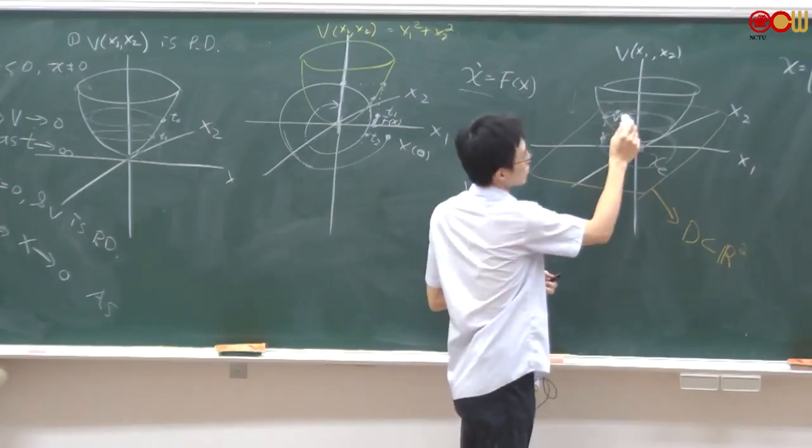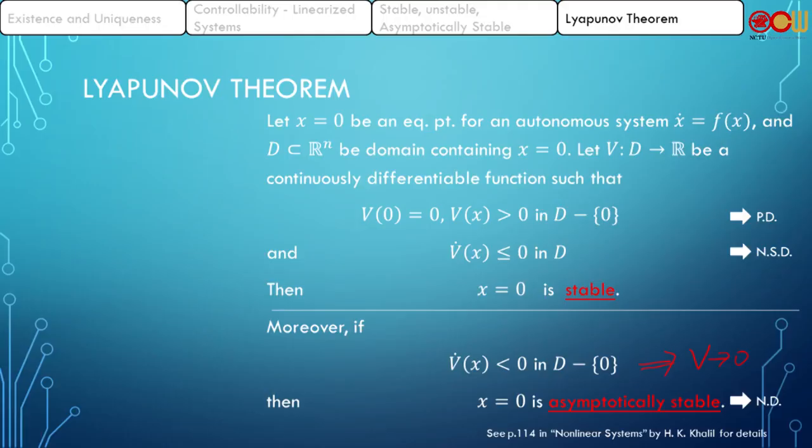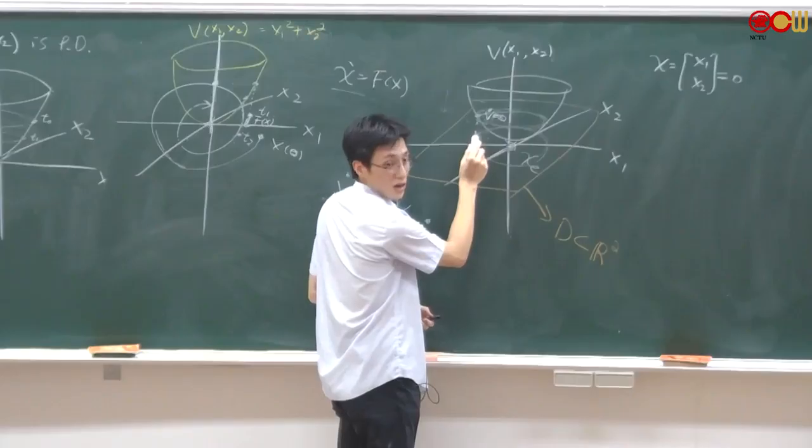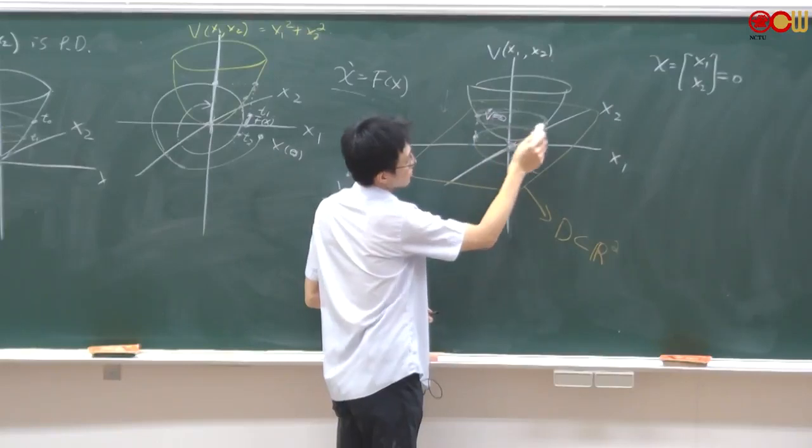If V dot is 0 in some D, here, that means V is constant.